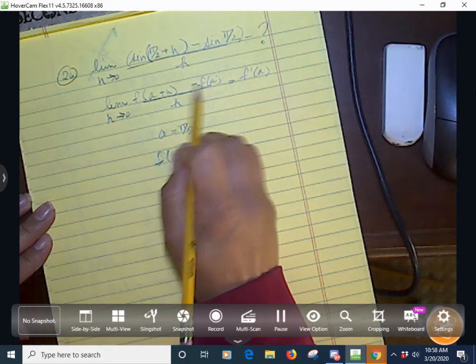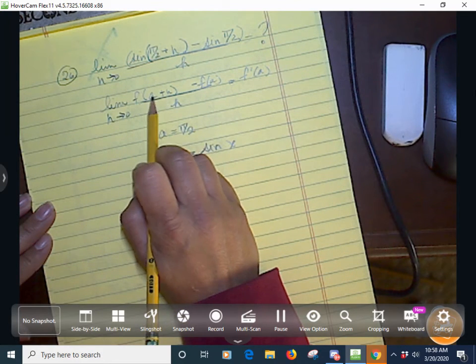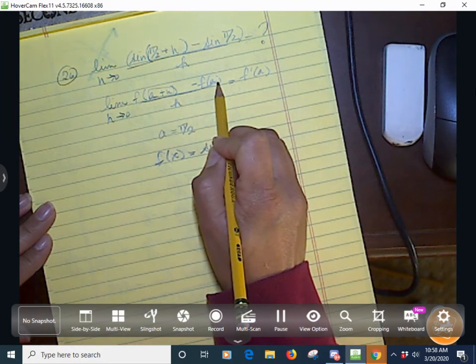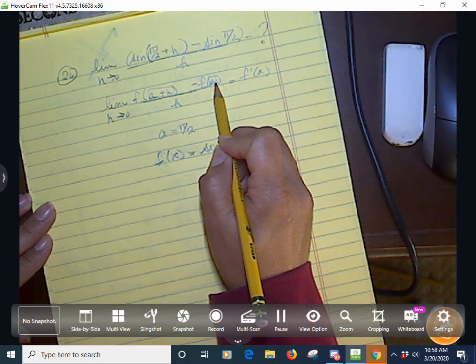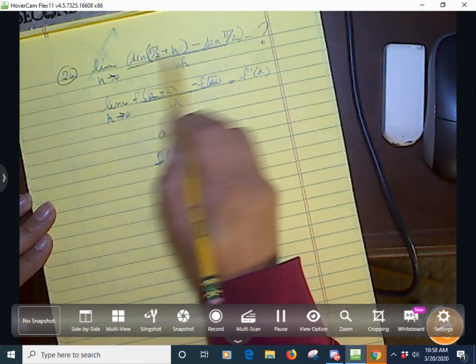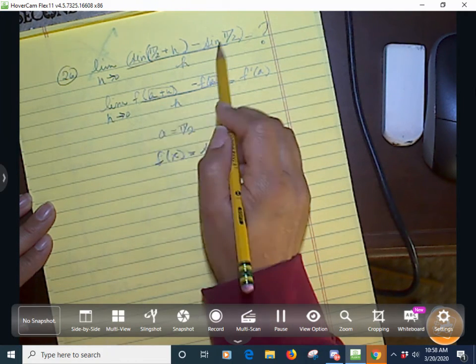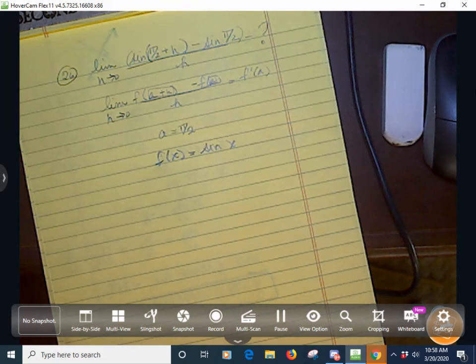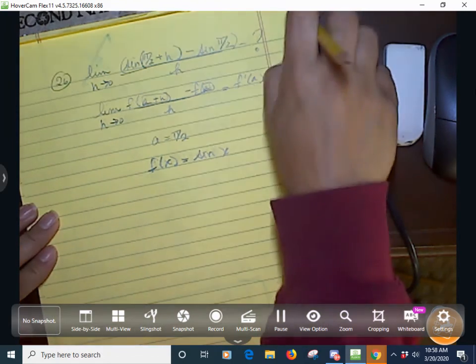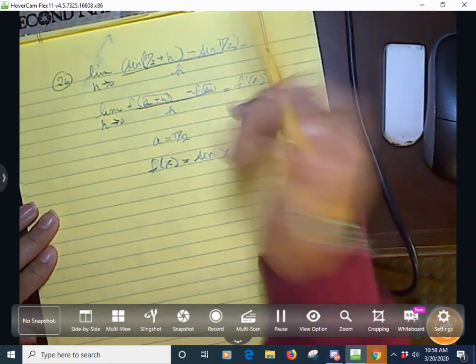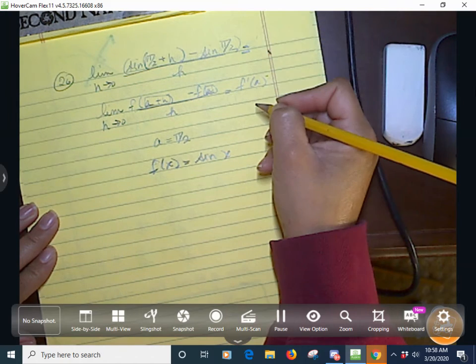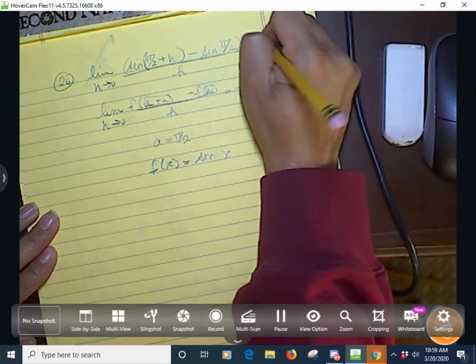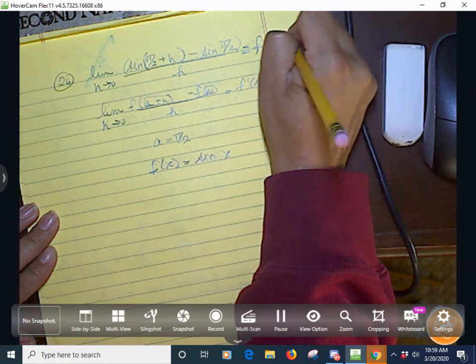What is the function that is acting on this expression, and what is the function that is acting on my pi over 2? For both parts of the numerator, it's sine. So it must be sine x. So then this part right here is actually equal to f prime of pi over 2.